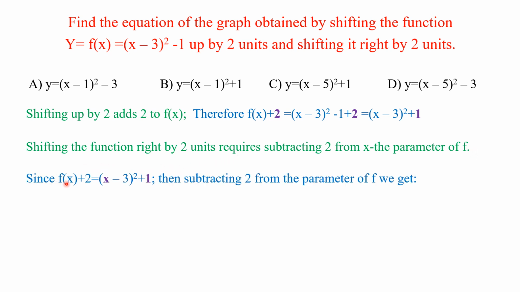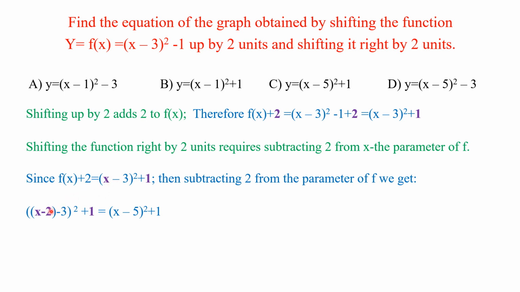Since f of x plus 2 equals this, we have over here (x minus 3) squared plus 1. This x is the one which is involved in the shift. Then subtracting 2 from the parameter of the function f, we get the following. So we see here 2 is subtracted from the x value.